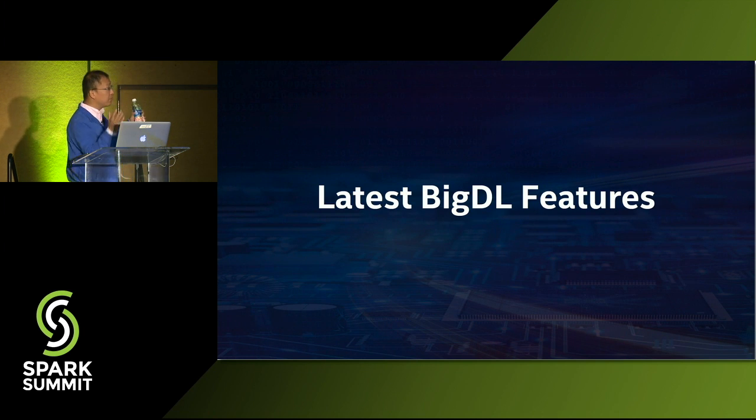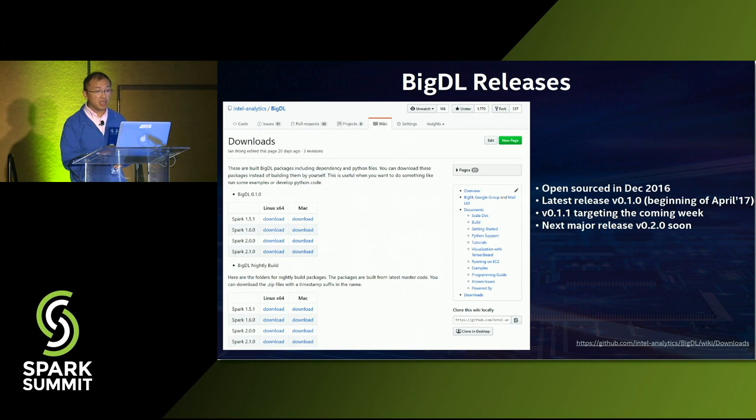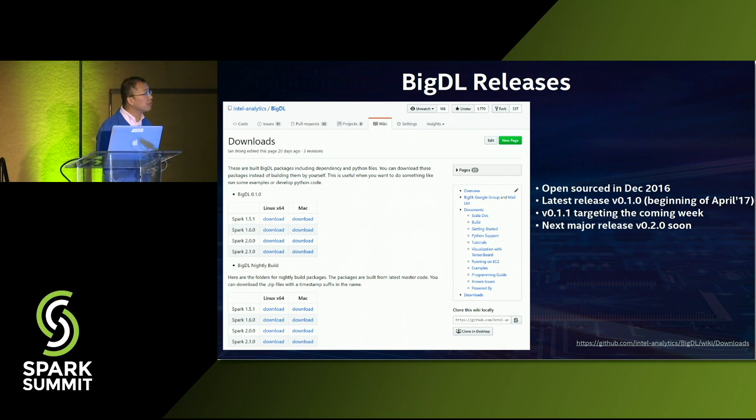Well, so that's the overview of BigDL, and we open sourced BigDL at the end of last year, and it's gotten a lot of, I would say, healthy interest and usage from the community and our customers. Currently, the latest stable version is 0.1.0, which we released at the beginning of April.